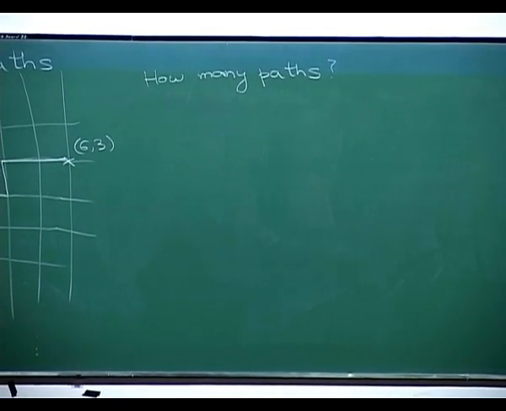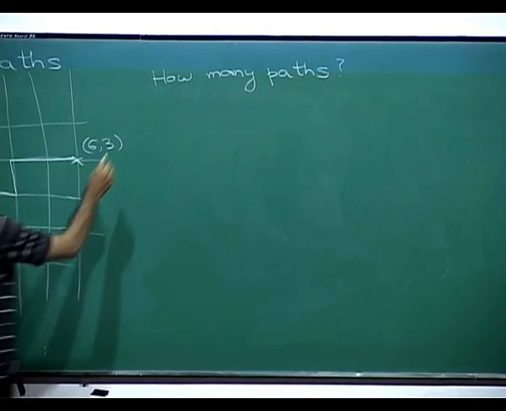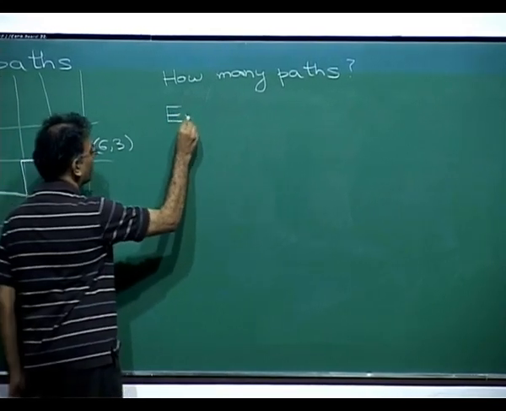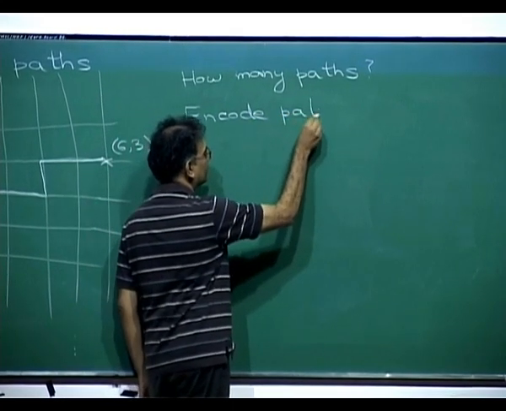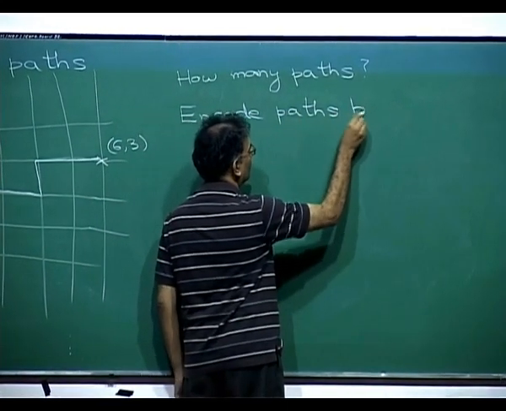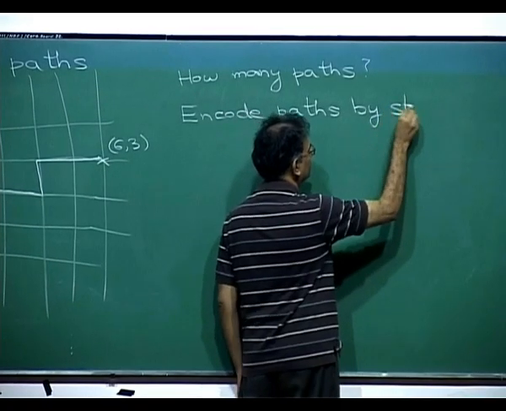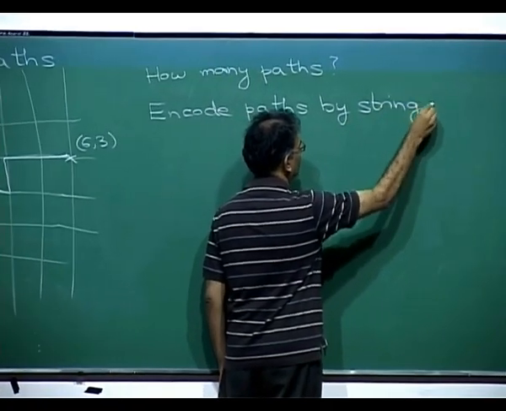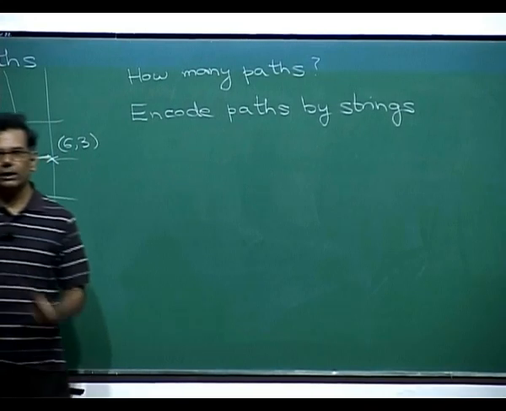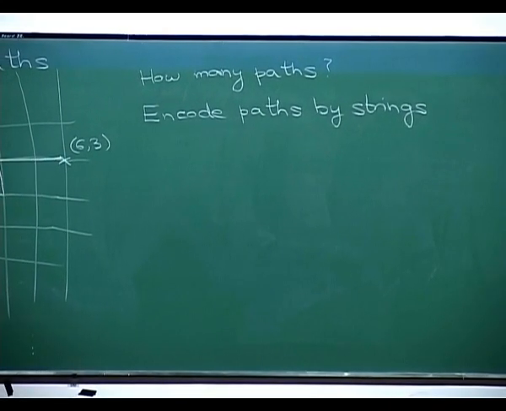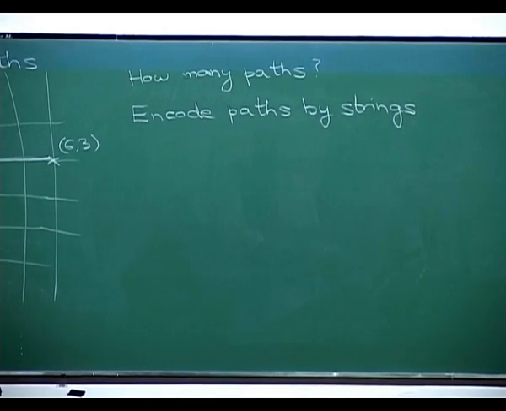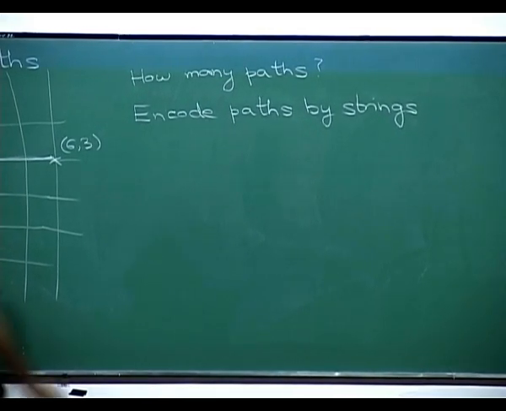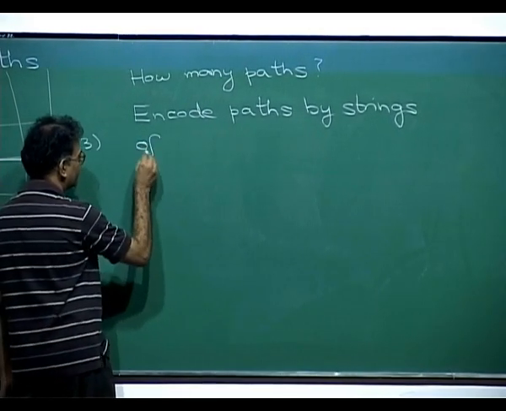So encode paths by strings. And these are strings involving only 2 letters, either up or right. You are not allowed to go down, you are not allowed to go to the left. You are only allowed to go up or to the right by 1 unit, by strings of U and R.